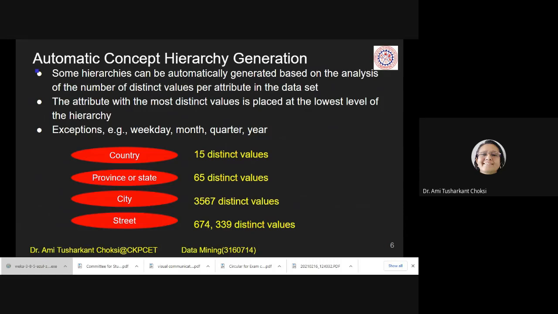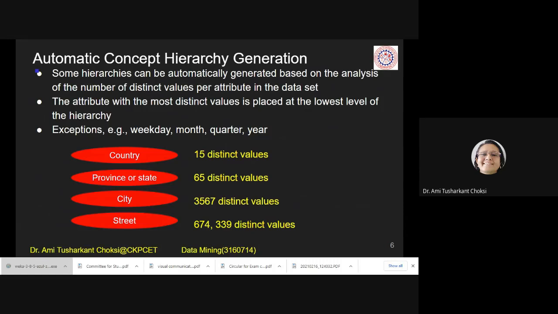Fine, so we'll have the distinct values for that. In those cities, we count the number of streets available, for all cities, for all states, for all countries, right?